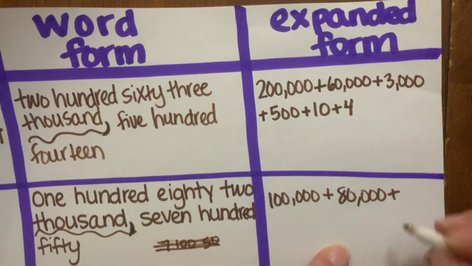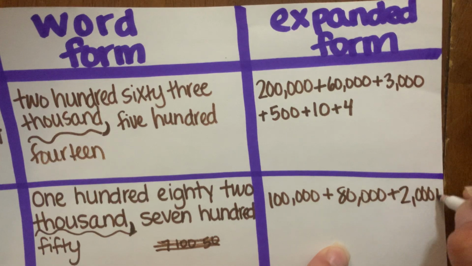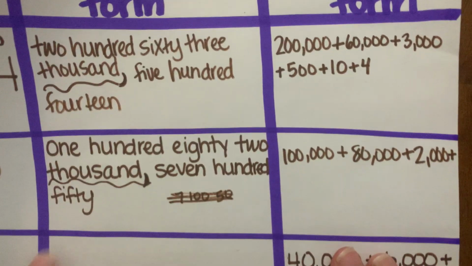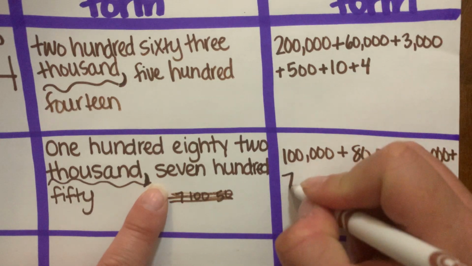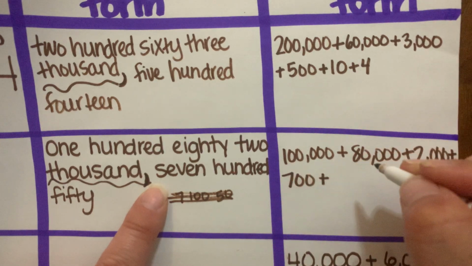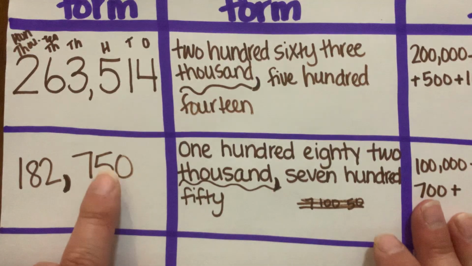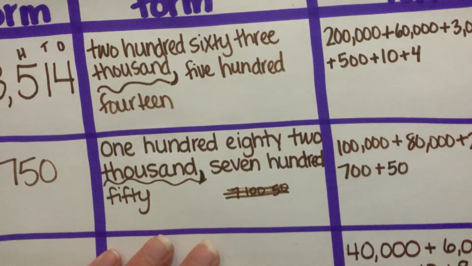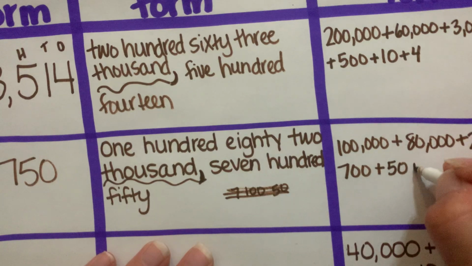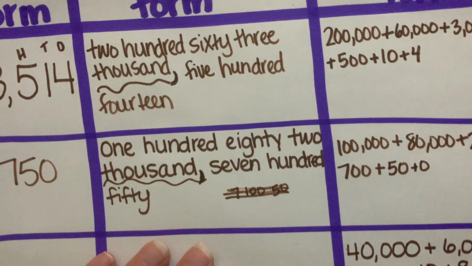So I'm going to add 2,000. Plus, I can even read it here, 7 in my hundreds. And then 50, which would be 5 10s and no 1s. So I could put plus 0, but I don't have to because there's no value in them.